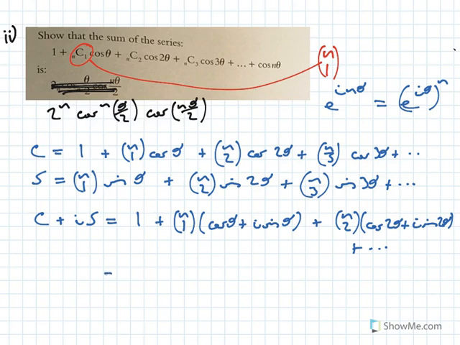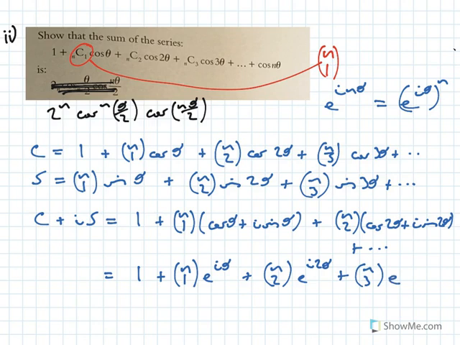Converting what's in the brackets to exponential form, this becomes 1 plus n choose 1 e to the i theta plus n choose 2 e to the i 2 theta, and I carry on going, n choose 3 e to the i 3 theta. It's normal to write the number at the front, but just to make the point that it's 3 lots of the angle.